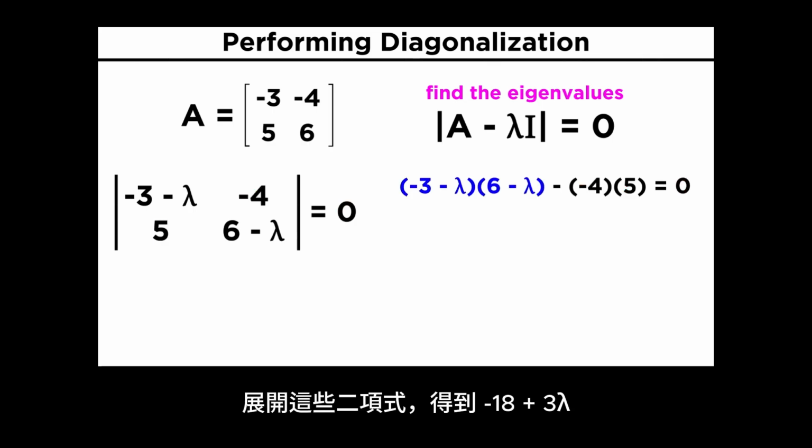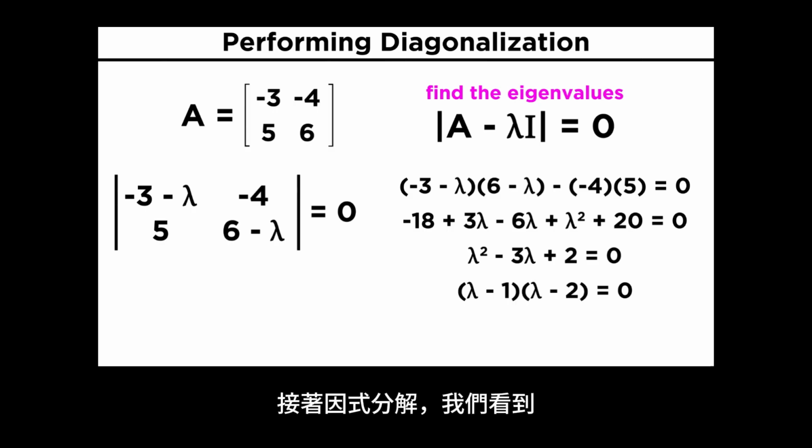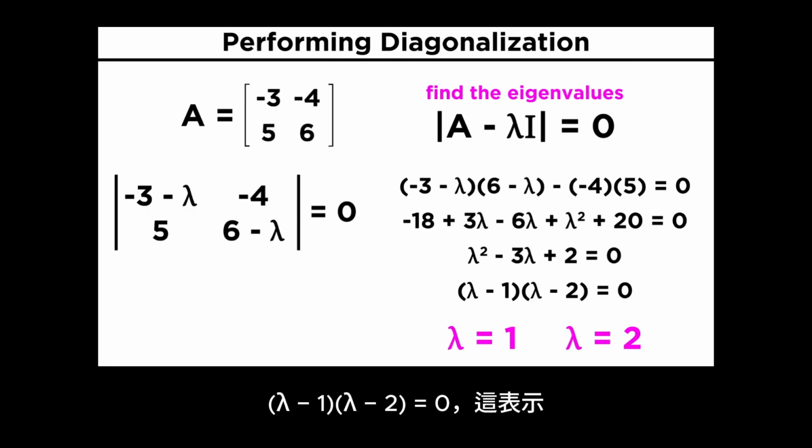Foiling these binomials, we get -18 plus 3 lambda minus 6 lambda plus lambda squared plus 20 equals 0, which when simplified gives us lambda squared minus 3 lambda plus 2 equals 0. Now by factoring this, we see that (lambda minus 1) times (lambda minus 2) equals 0, which means our solutions and eigenvalues are lambda equals 1 and lambda equals 2.